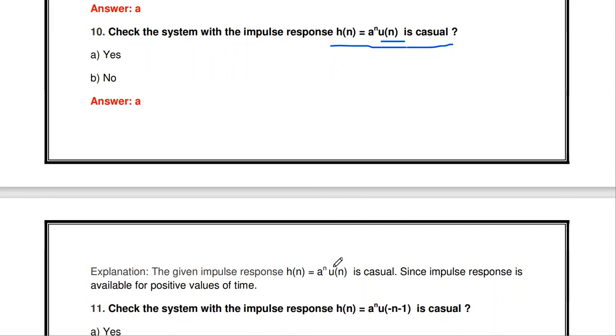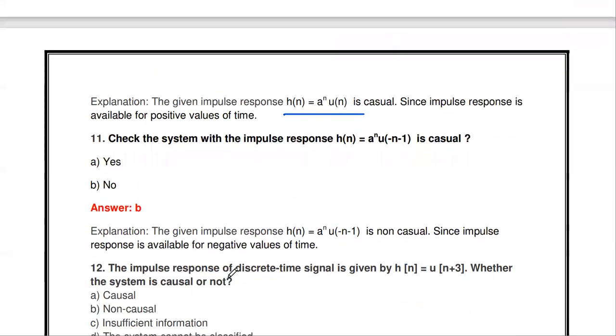So the given system is causal. The reason is that the given impulse response h of n equal to a power n u of n is only available for positive time, so for negative time the h of n value is 0. So it is causal.